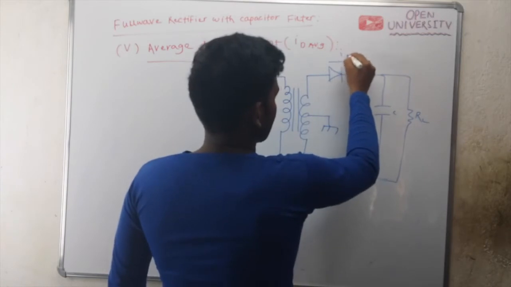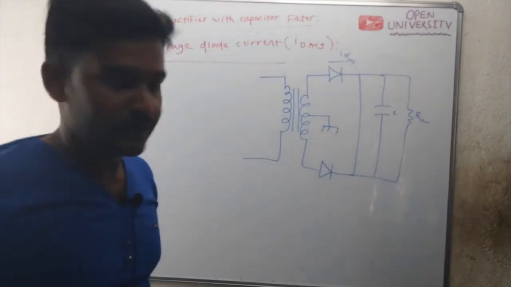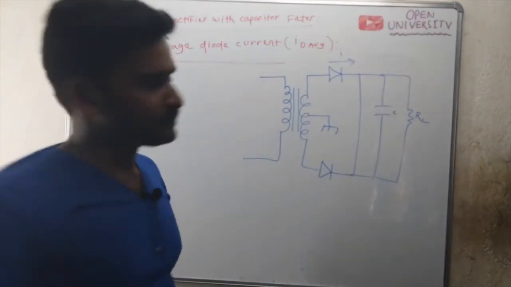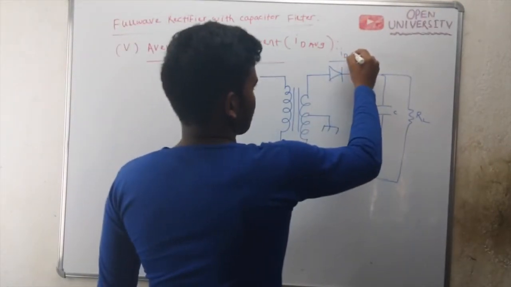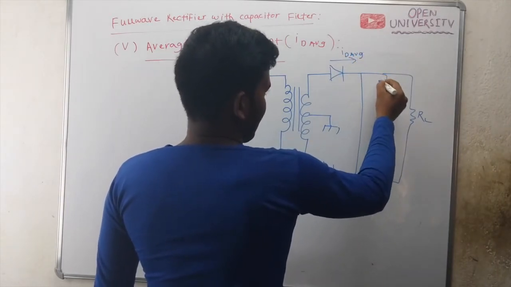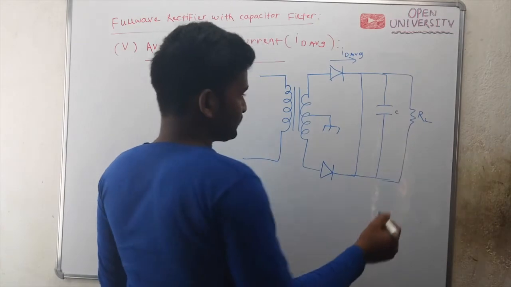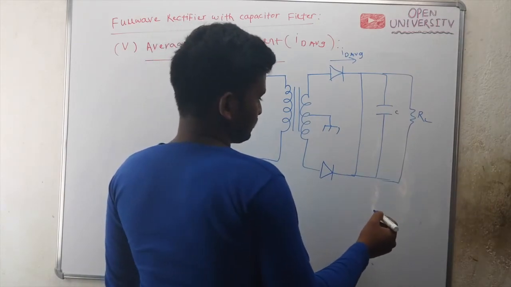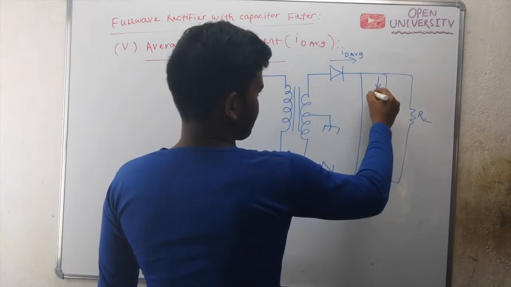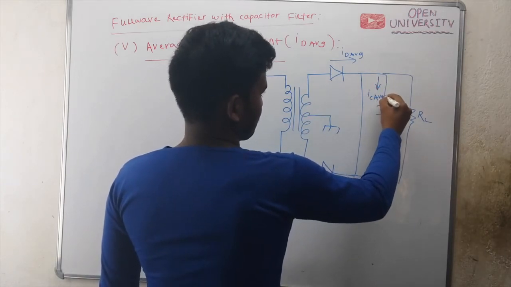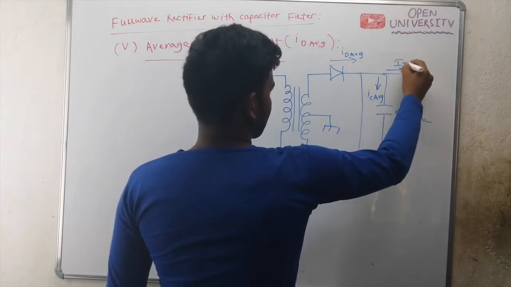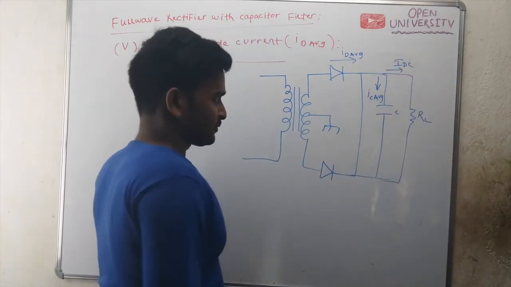What is the average current through the diode? Let this be your ID average, and let this be your IC average, and let this be your IDC.